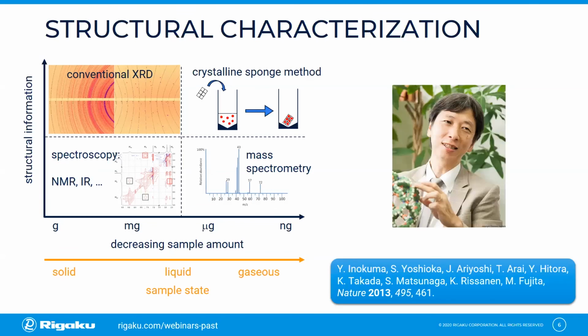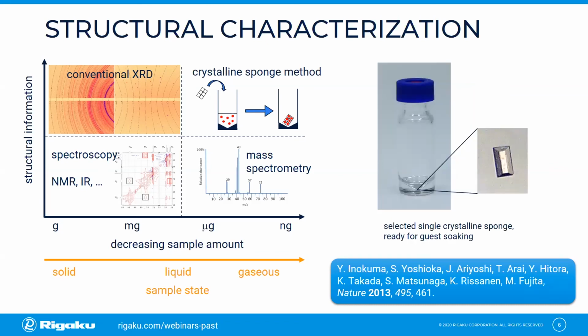This method was introduced by Professor Makoto Fujita from the University of Tokyo in 2013. As little as 80 nanograms of substance are needed for this method. If you have more available, then that's better, of course. The soaking process is typically executed with a single crystal in conical shaped vials, as you see on the photo.